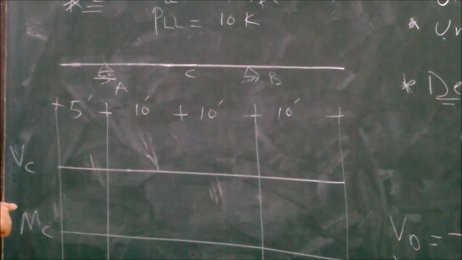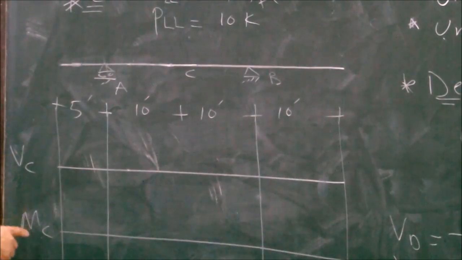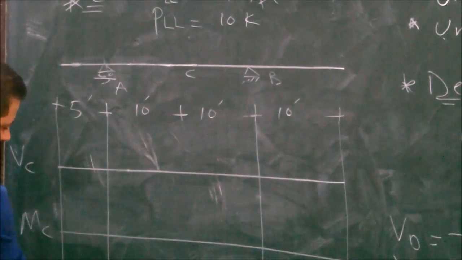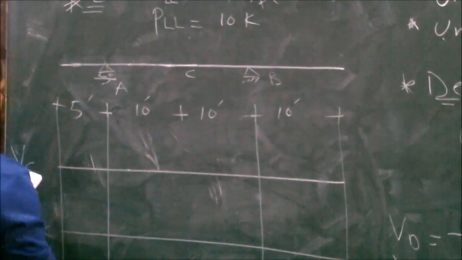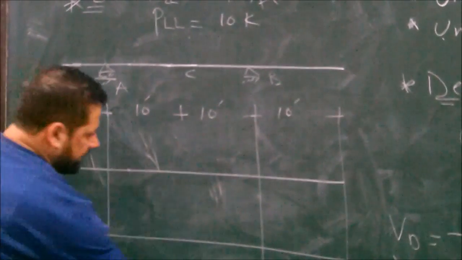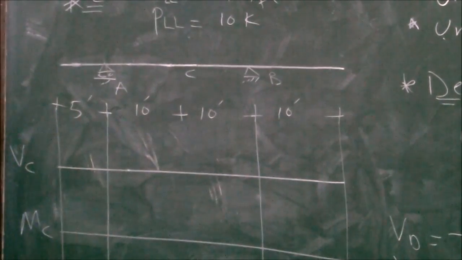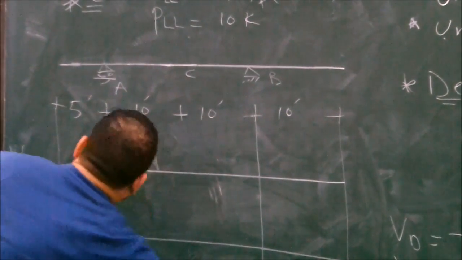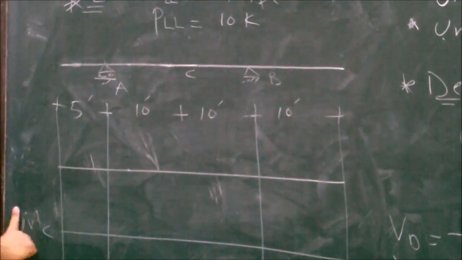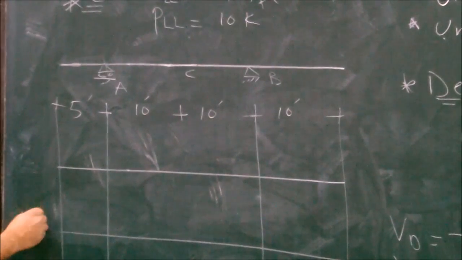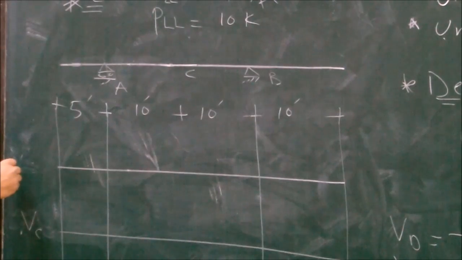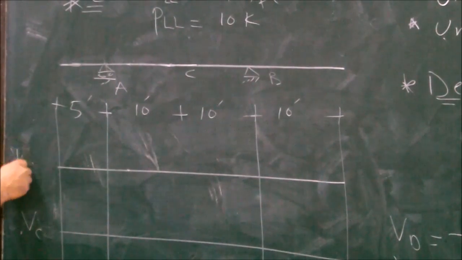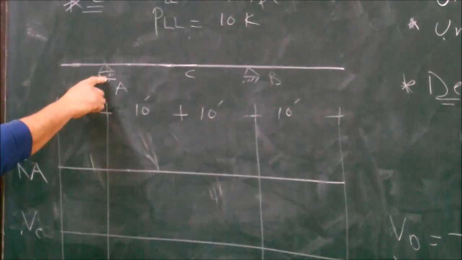We need the influence line for VC and the influence line for MC. And before that, the first one is RA, the vertical reaction at A.